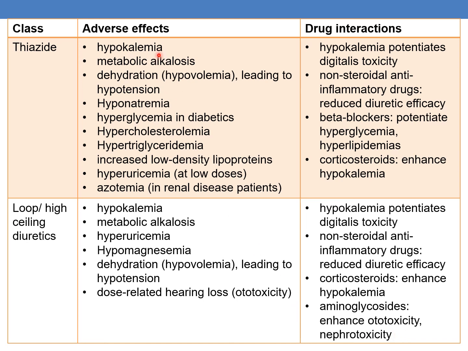Here you can see that hypokalemia and metabolic acidosis are two major adverse effects. The reason is, as loop and thiazide diuretics increase the sodium delivery to the distal tubule, this leads to increased potassium loss, potentiating the hypokalemia.